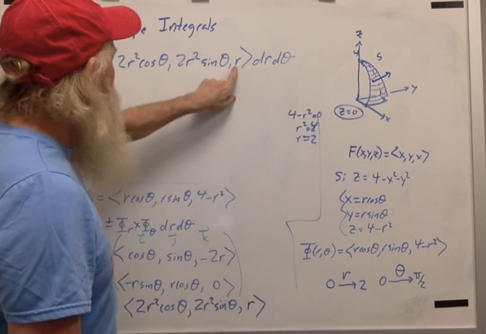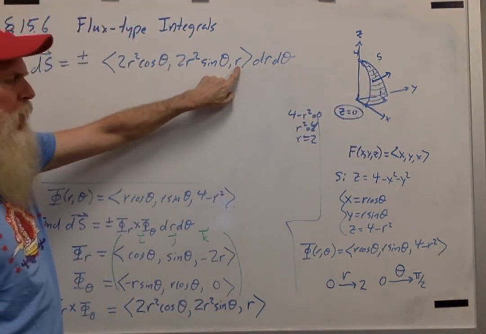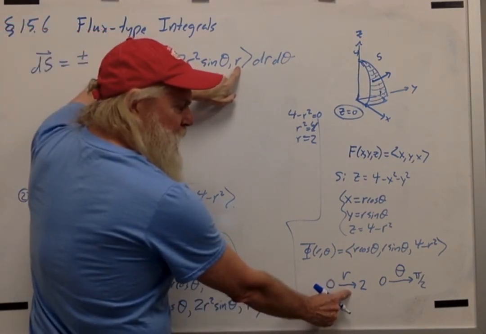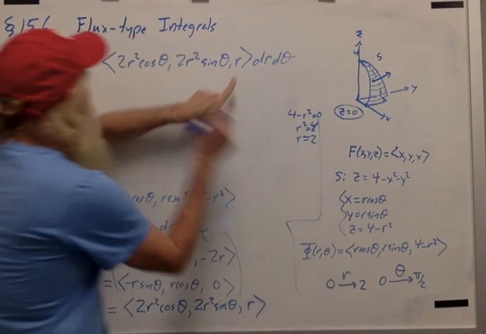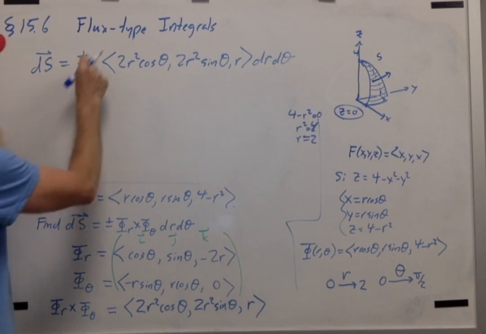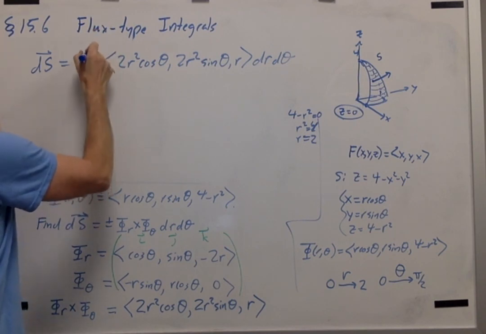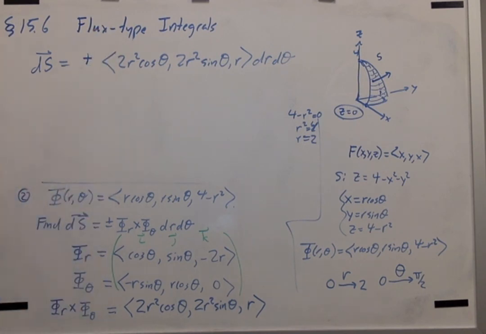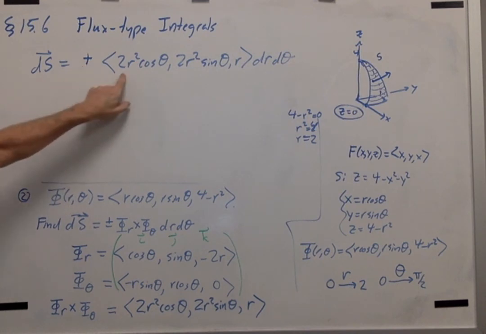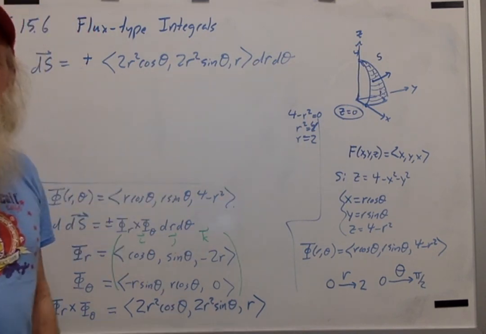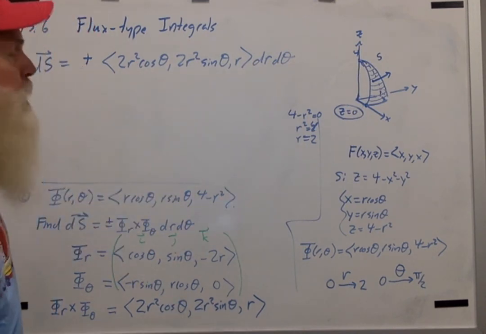The z component here is r, and r is taking on positive values. So that means I need a plus sign in front. So vector dS is going to be positive this. And I'll continue this problem in the next video.